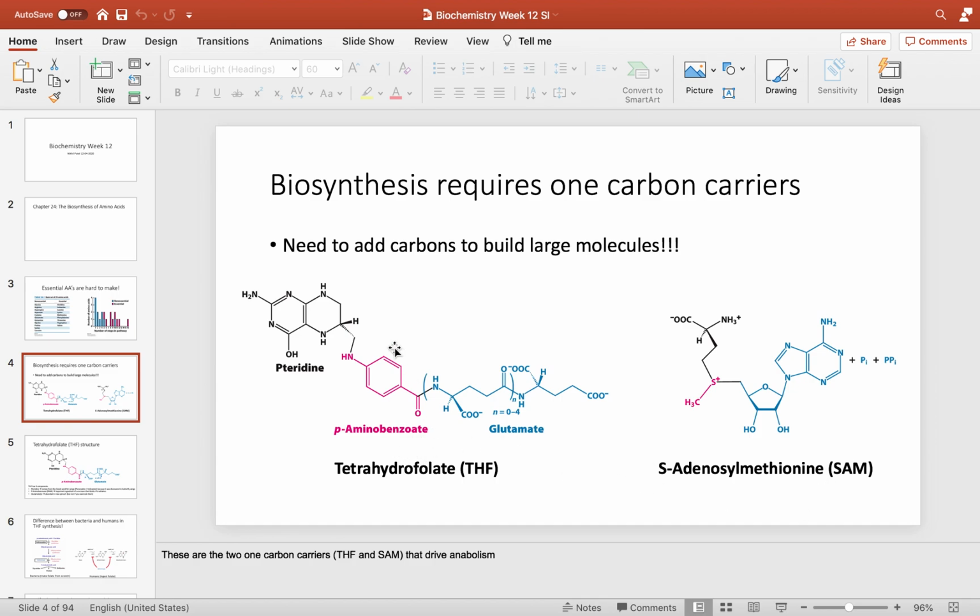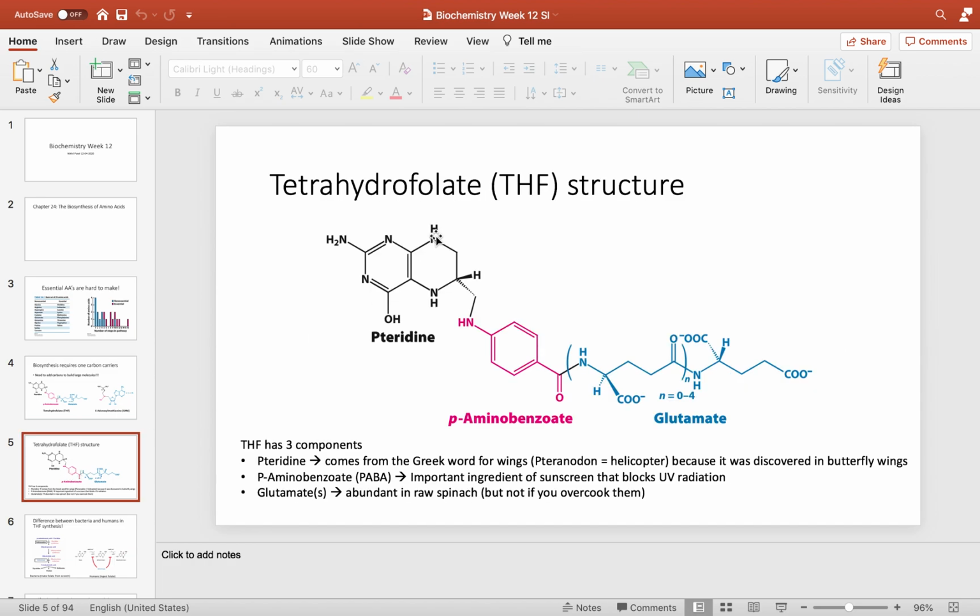So we see here THF has 3 main domains that we'll be going over, whereas SAM has a nucleotide resembling part as well as an amino acid chain on the left. So this is a more in-depth look at what THF looks like. We see that there are 3 parts: the pteridine, the para-aminobenzoate, also known as PABA, P-A-B-A, as well as glutamate or polyglutamate residues.